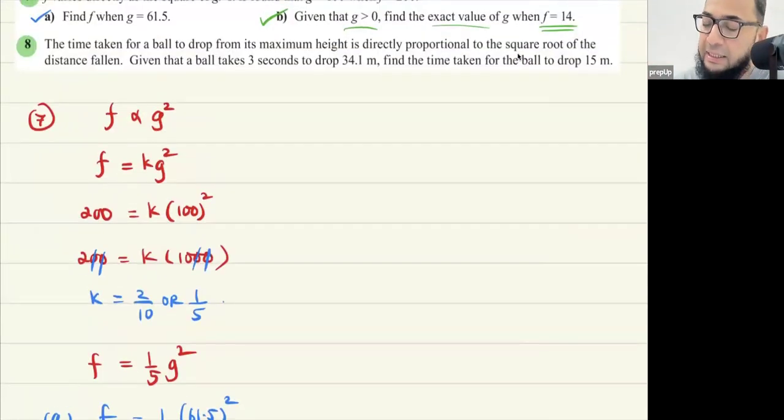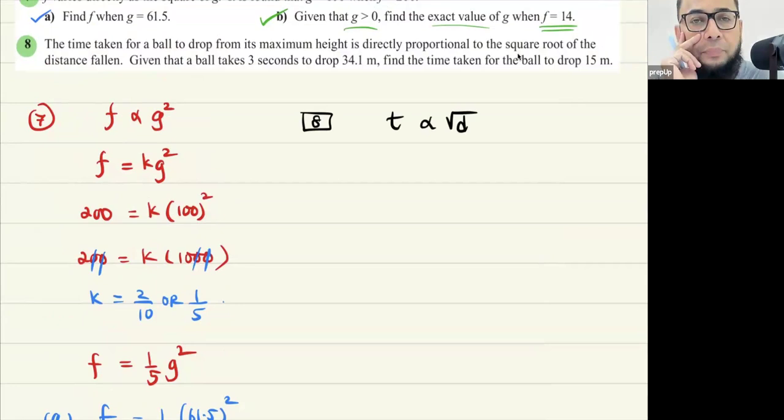Now, similarly, let's look at question number 8. It says that the time taken for a ball to drop from its maximum height is directly proportional to the square root of the distance fallen. T is proportional to the square root of distance. Let's give it the symbol d.